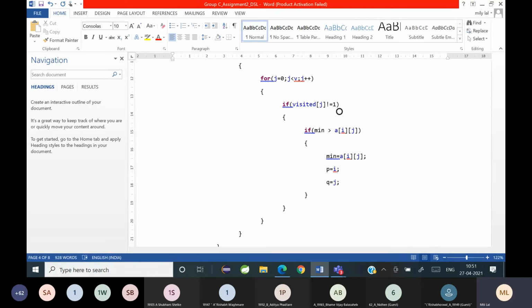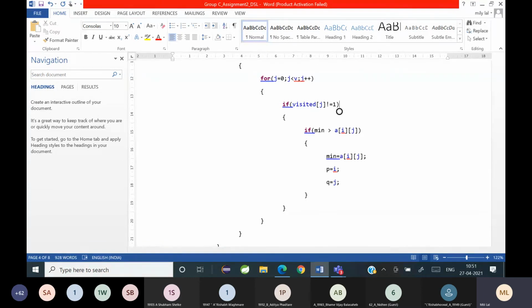If so, you put that as the minimum value and you set the end vertices as P and Q, which are going to get the values i and j. So this process will continue until all the vertices have been selected, with the minimum cost.